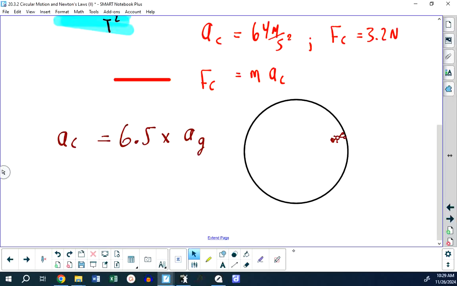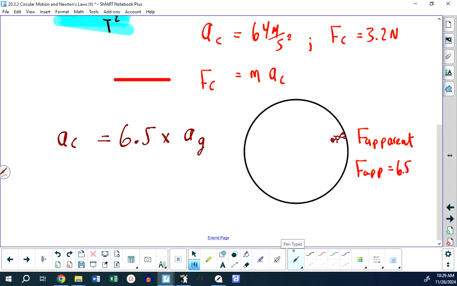Do you get my drift here? So this would mean that your apparent weight, which is the applied force to your feet by what you're standing on, would be about 6.5 times your true weight. Centripetal acceleration can always be thought of in that way.